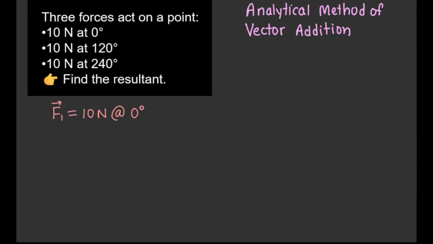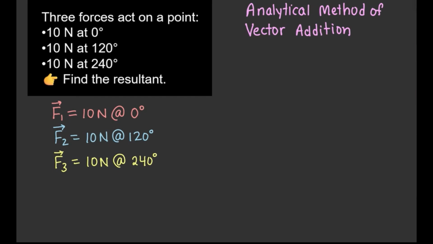The second force is F2, it is also 10 newtons, but it is acting at 120 degrees. And the third force, F3, this is also 10 newtons at 240 degrees.